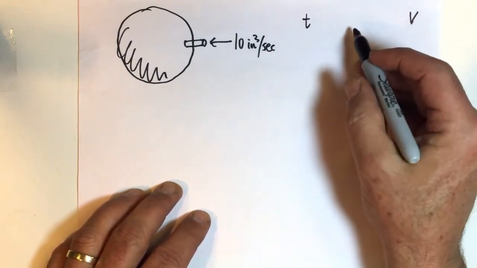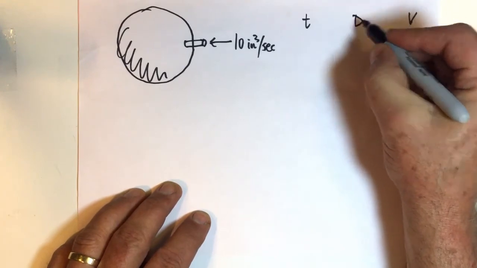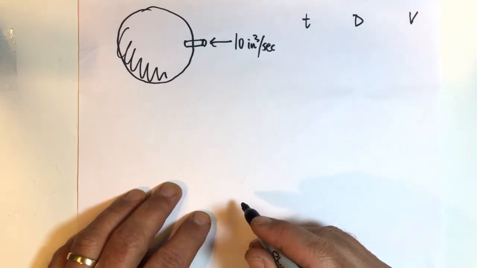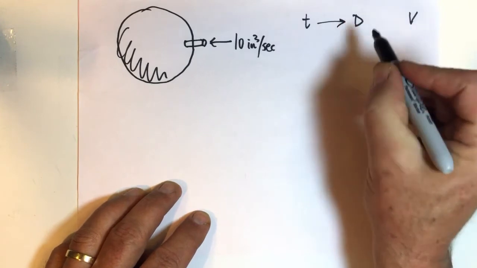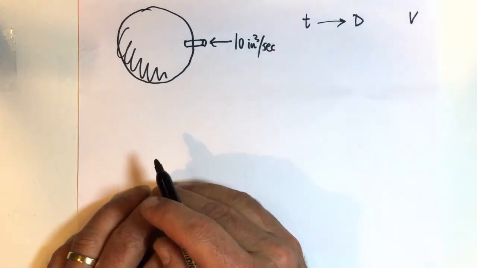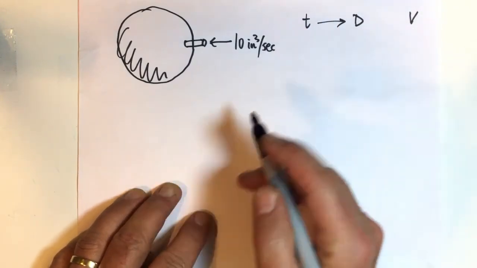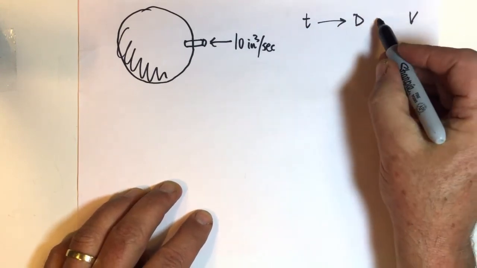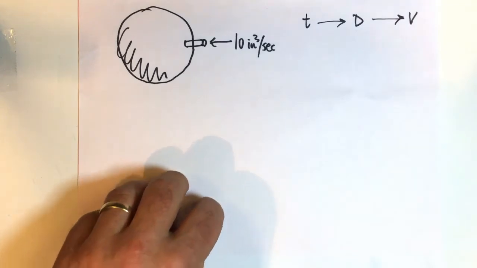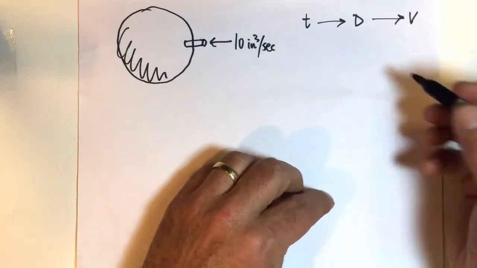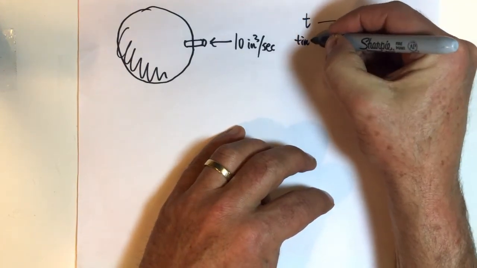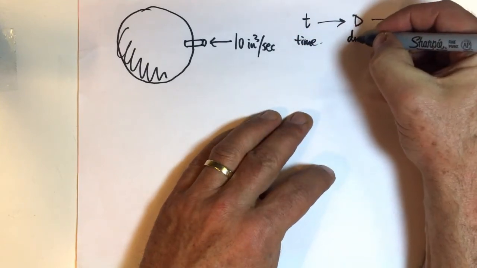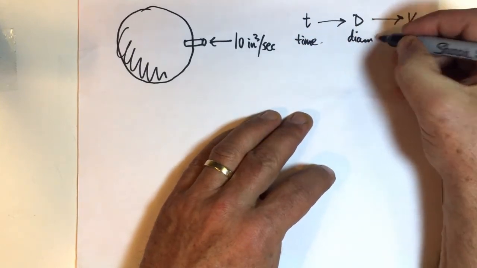Intermediate between those, which is a quantity that's also referenced in the problem, is diameter. And we're going to view the diameter of the balloon as time dependent. Diameter depends on time, and then volume depends on diameter. So let me just note this is time, this is diameter, volume.